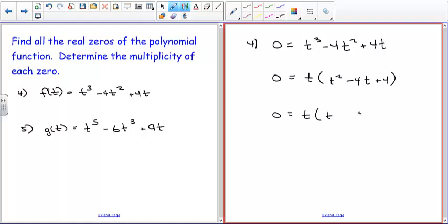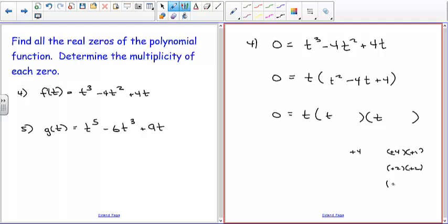So you'd ask the question, what two numbers multiplied together give me 4? So I could do plus 4 times plus 1. I could take plus 2 times plus 2. Those are the obvious ones.